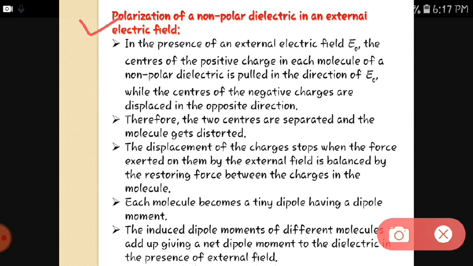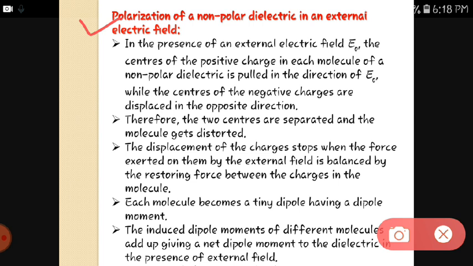Okay, now before moving towards this point, let us again revise. What is non-polar? Non-polar are the molecules in which the centers of mass of positive nuclei coincide with the center of mass of negative nuclei. So the dipole moment is 0.